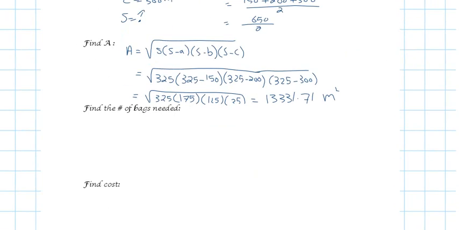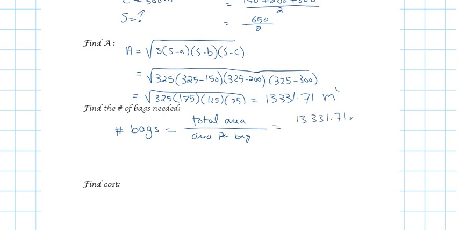So the number of bags is the total area divided by the area per bag, right? So my total area is 13,331.71 meters squared, all over 900 meters squared.